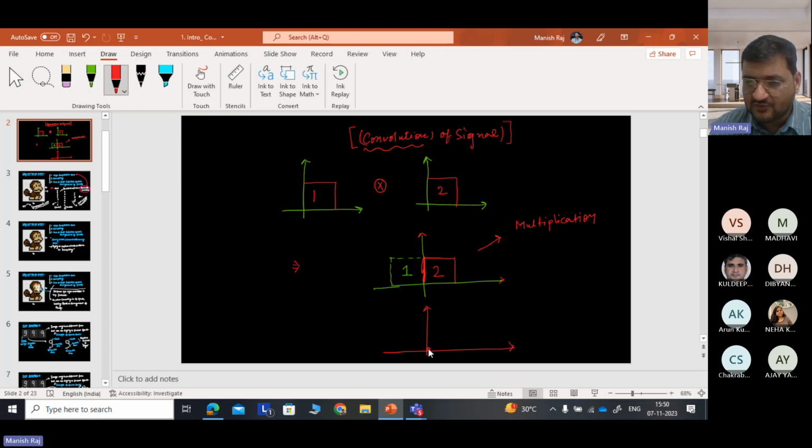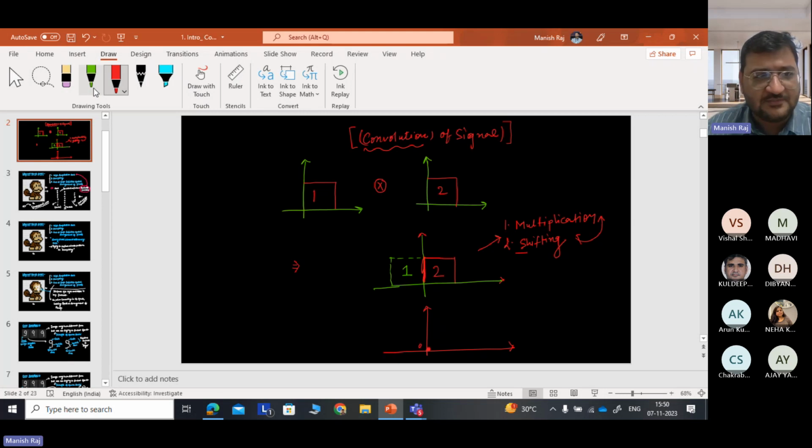So you are starting from this point. Are the edges colliding? Yes, and you are multiplying these edges, so you start from zero. Then the second operation is shifting. So again and again in the convolution, you are doing only two things: first multiplication, and then shifting, and this goes in a loop.